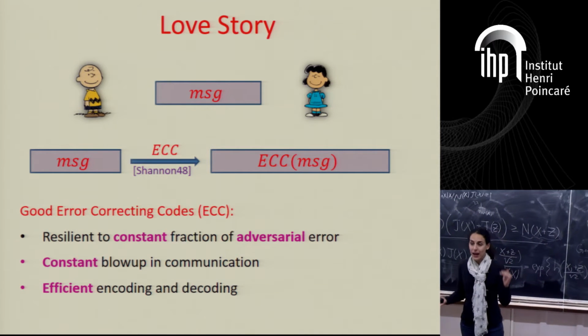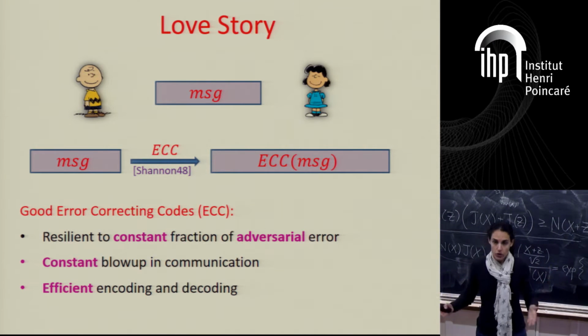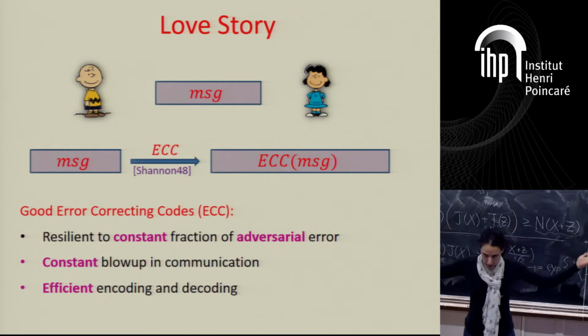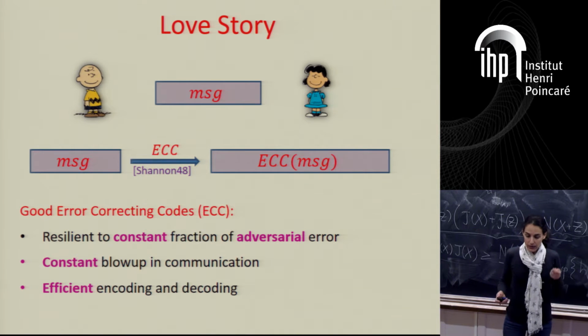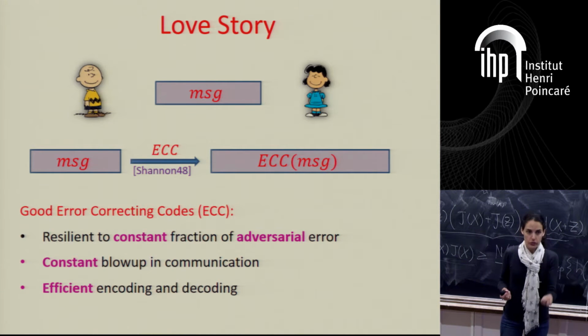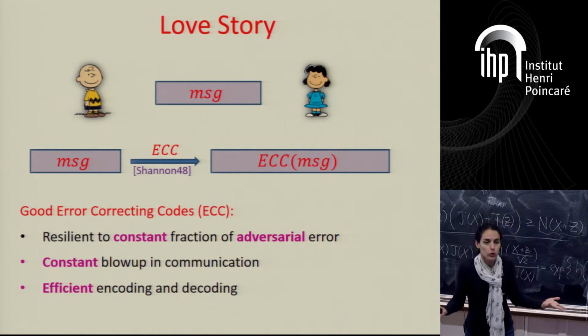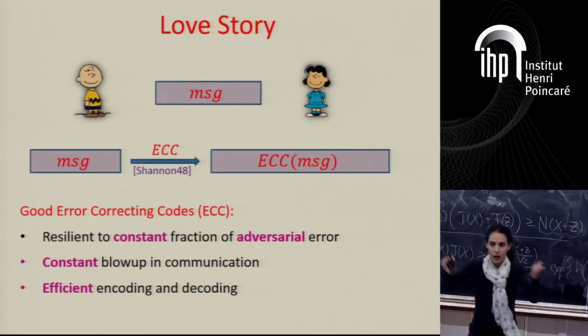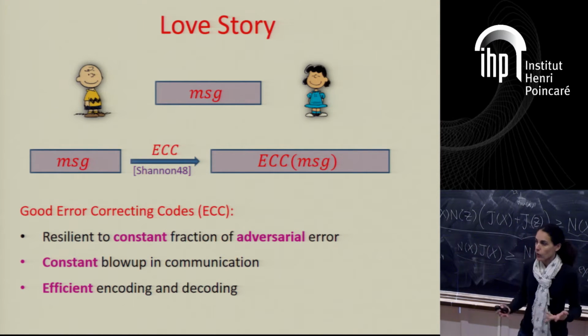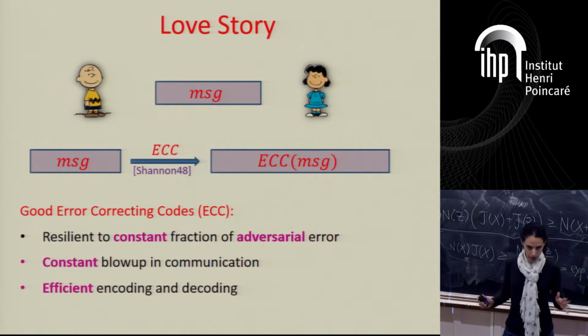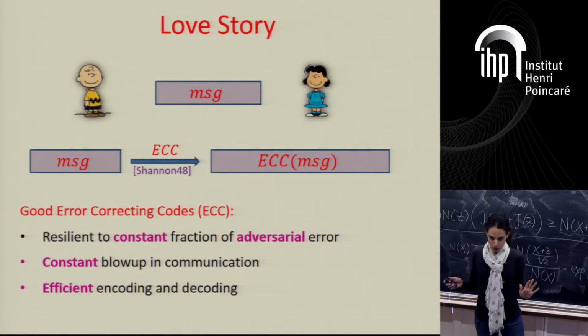We want only a constant blow-up in communication, so we don't take a short message and make it gigantic. And we want the encoding and decoding procedures to be computationally efficient, meaning polynomial time: the time it takes to encode is polynomial in the message size, and likewise to decode the message. This is a good error correcting code.